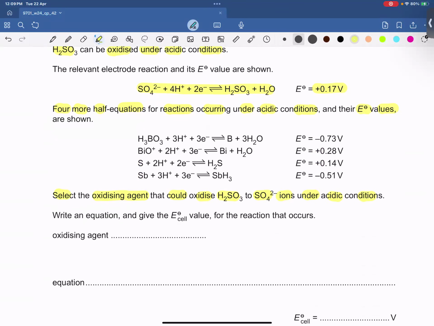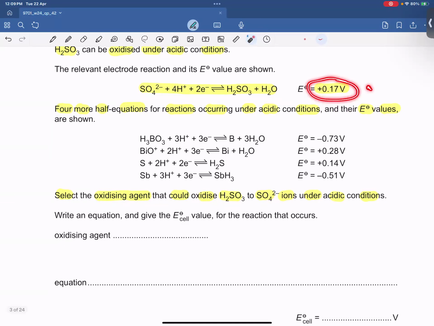So if I need an oxidizing agent which can oxidize H2SO3 into sulfate ions, which means the value needs to be greater than this value.